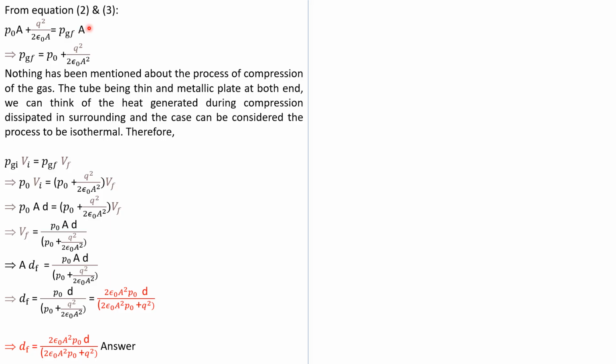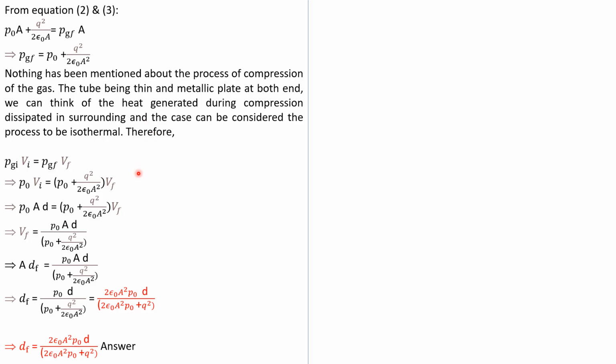If we compare equation 2 and 3, Fe we can replace with Q square by 2 epsilon naught A. So this equation will become like this. So PGF will become P naught plus Q square by 2 epsilon naught A square. If you notice, there is nothing mentioned about the process of compression of the gas in the question.